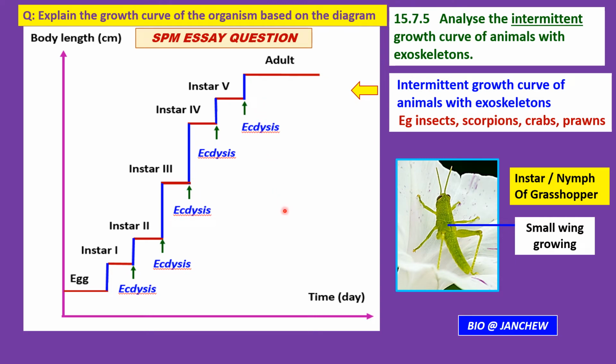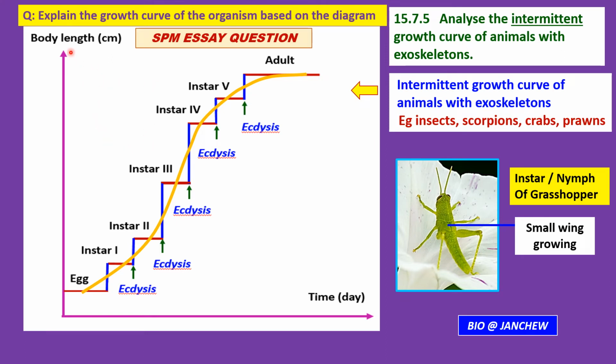So this is the intermittent growth curve of animals with exoskeletons, such as insects, scorpions, spiders, crabs, prawns. Insects like grasshoppers, cicadas, dragonflies, right, and cockroaches. Right. So let's explain the growth curve of the insect or grasshopper based on this diagram.